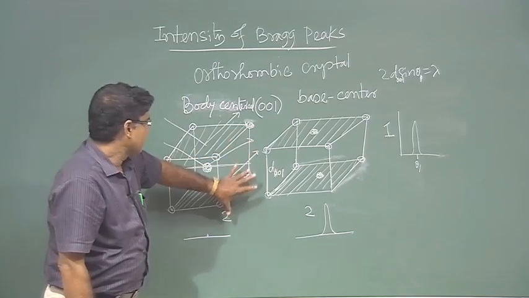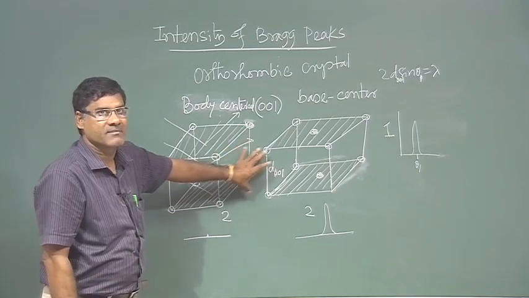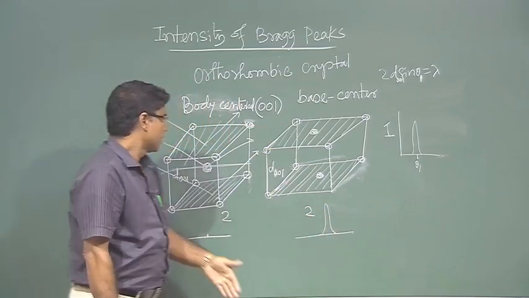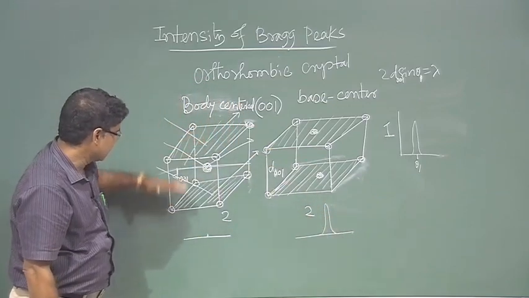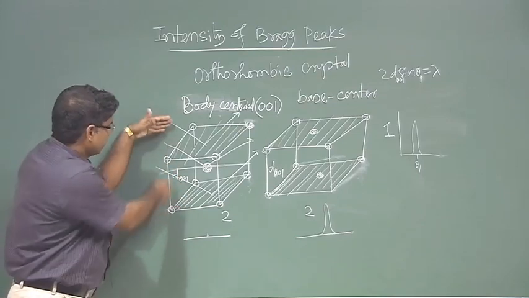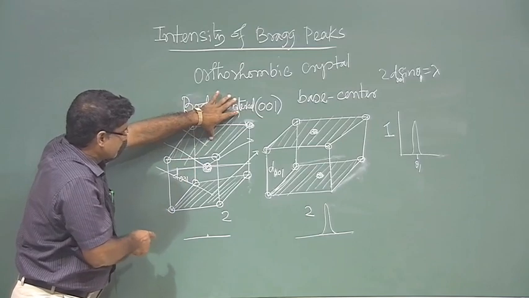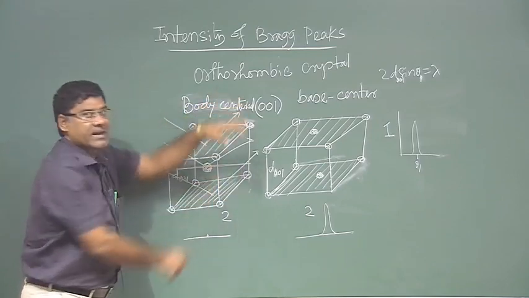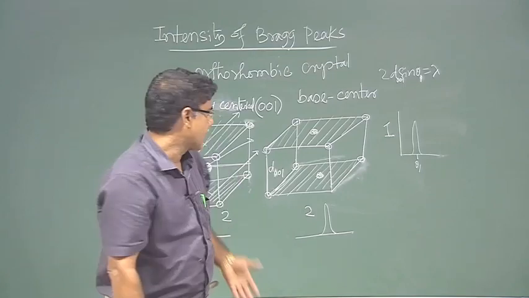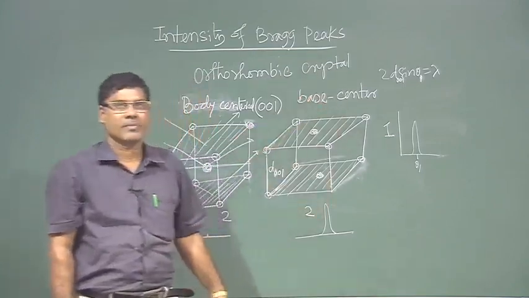So, they will interfere and give the Bragg peak. Now, since this is the periodicity, the reflected X-rays, this one and this one, are in phase, right. On that condition we have derived this.